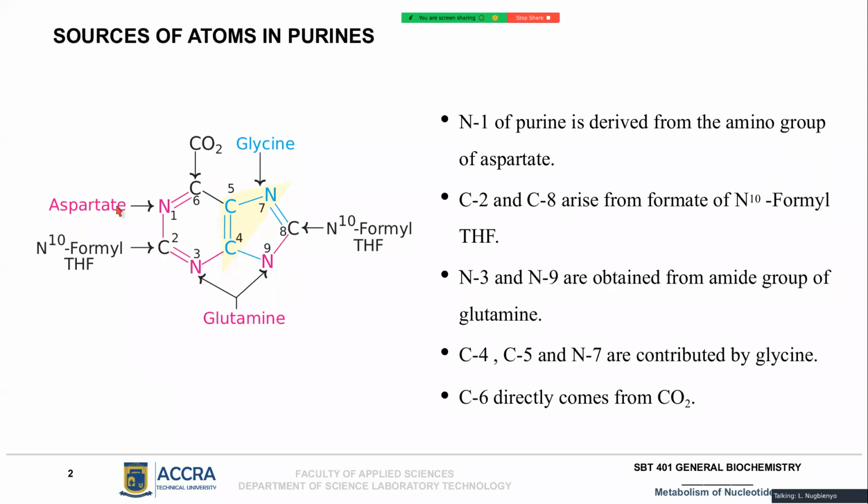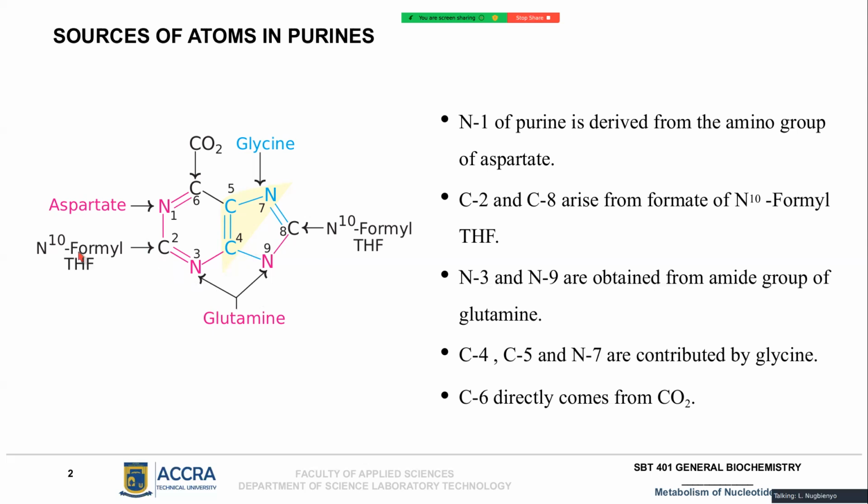That's an amino acid. Similarly, N3, N9 also come from an amino acid, glutamine. Then we have C4, C5, N7 coming from the amino acid glycine. We have seen all these compounds before.